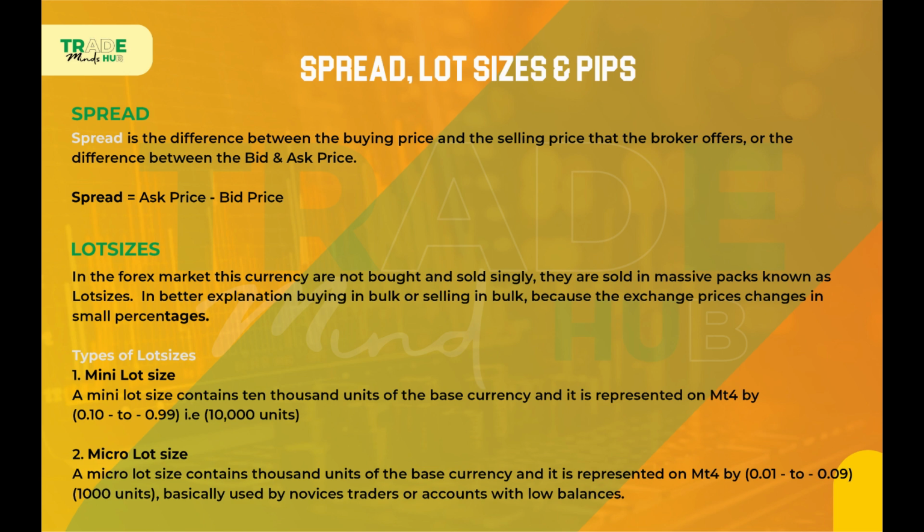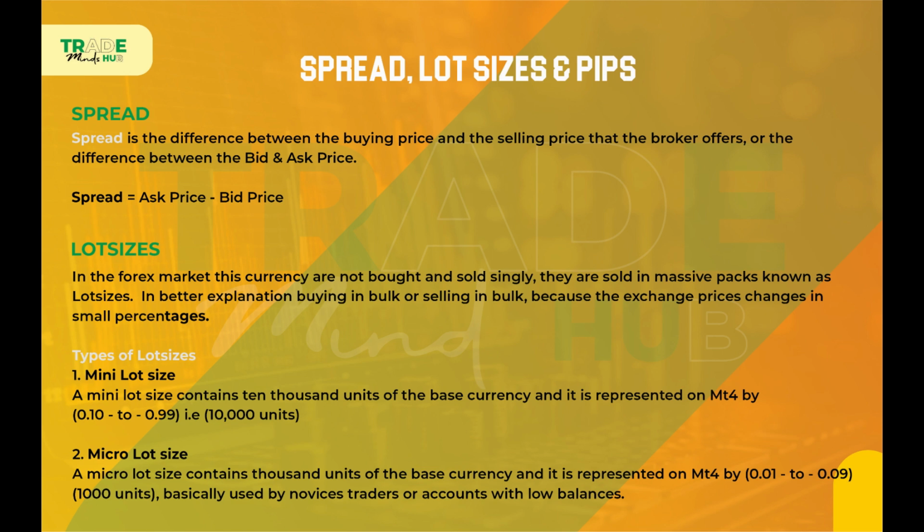So lot sizes in the forex market: these currencies are not bought singly. What I mean is that you can't just buy one currency, let's say one United States dollar, because you're trading major currencies that have good economies.